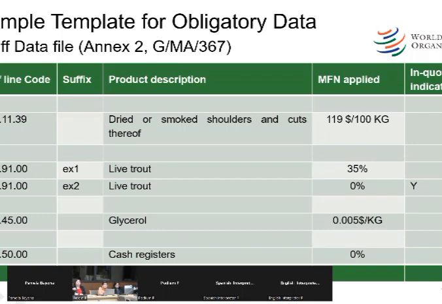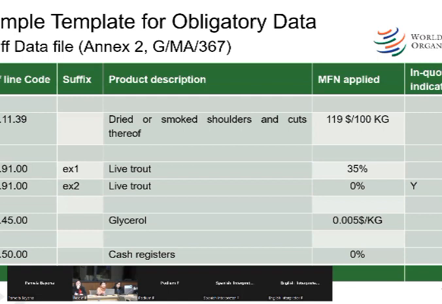The next column refers to the suffix. So this is the case when you have the same product, but you have 2 different rates. In this case, the second rate refers to the rate for in-quota imports. You can immediately see it in the last column of the table where there is an in-quota indicator.